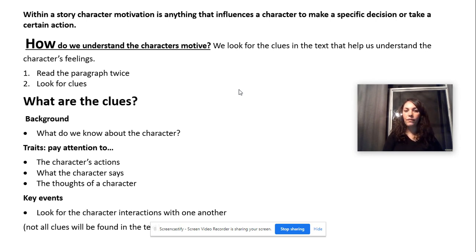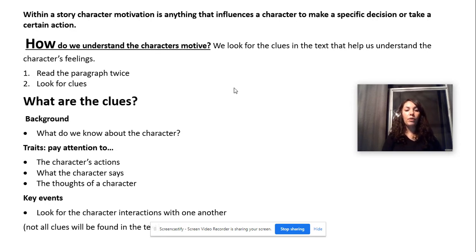How is the character feeling? We look for the clues in the text to help us understand the character's feelings. All of this is focusing on the character's feelings. Now, if we think about fiction, and I would have you annotate for fiction, remember, the heart was for number one, and that was focusing on the characters' feelings and actions. That's the exact same thing that you do for motivation. You focus on those characters' feelings and actions because that's where all of your clues lie.